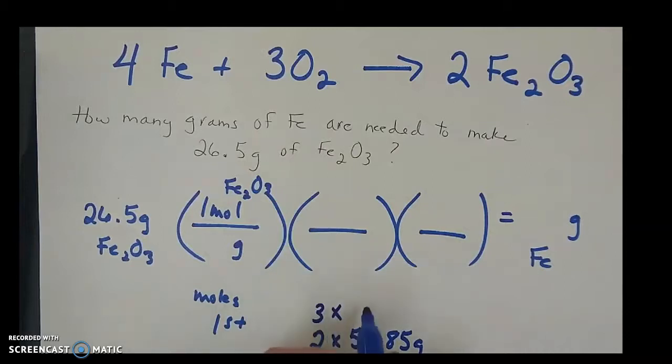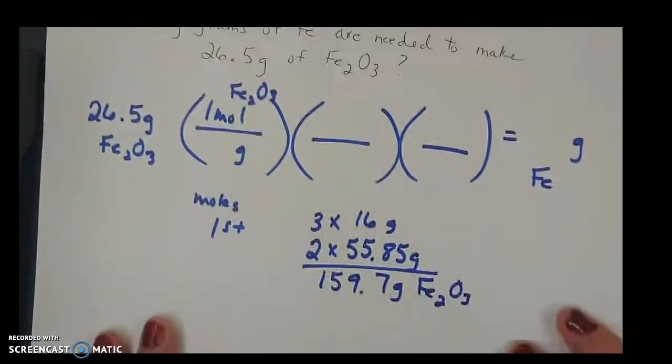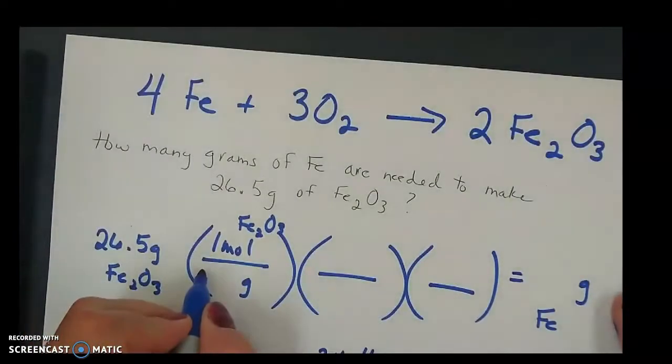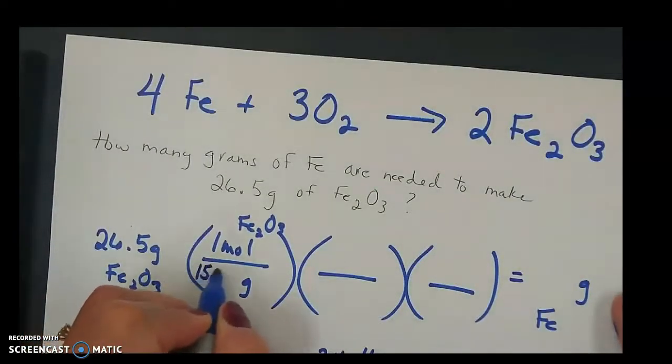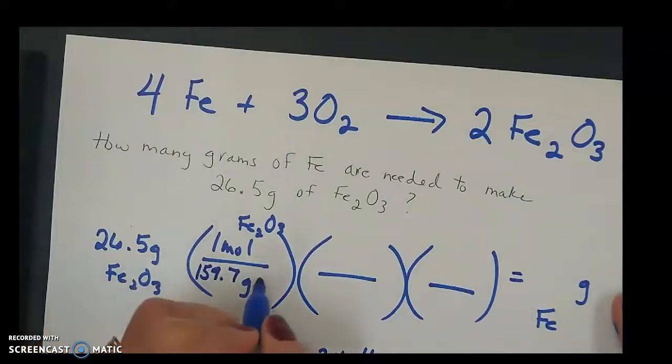So I'm going to multiply 3 by 16 grams because that's the mass of oxygen from the periodic table. So here's where you need a calculator. Multiply these numbers and add them together to get your mass in grams of iron 3 oxide. I get 159.7 altogether. So 1 mole of iron 3 oxide is 159.7 grams.